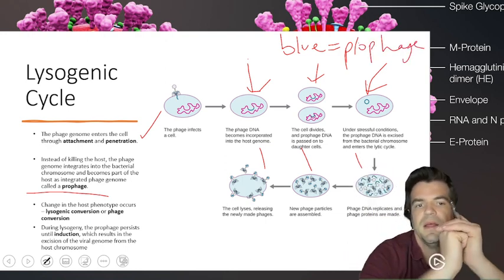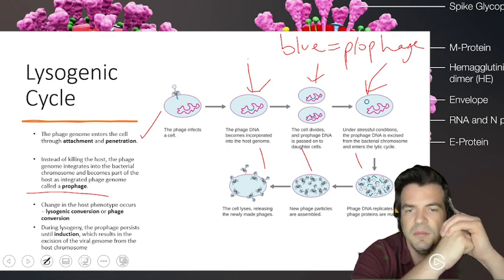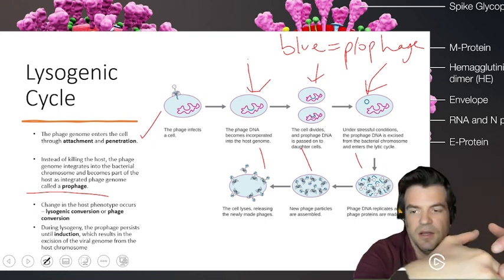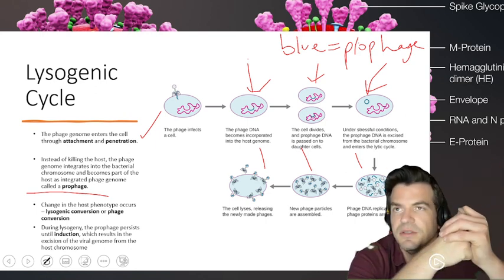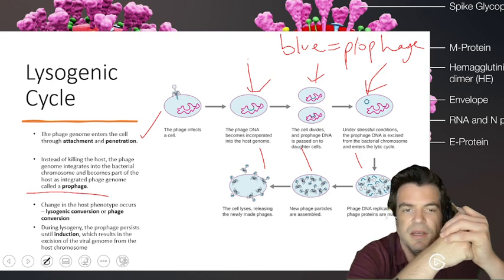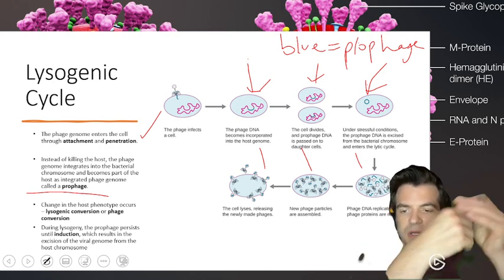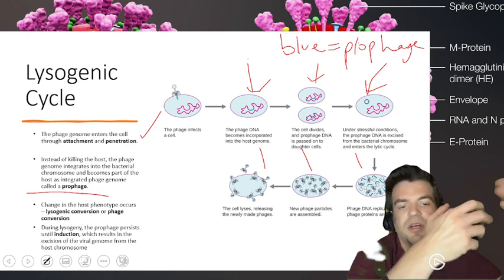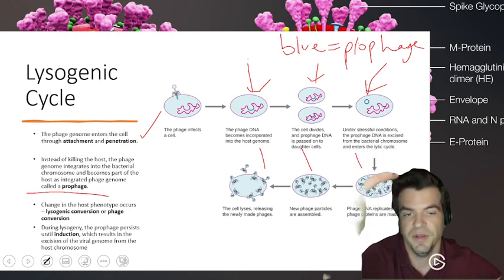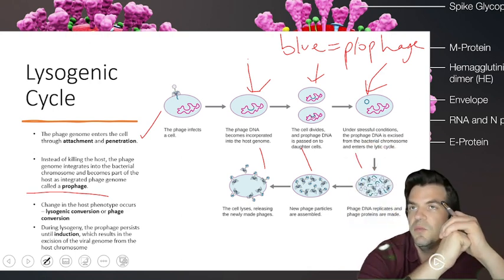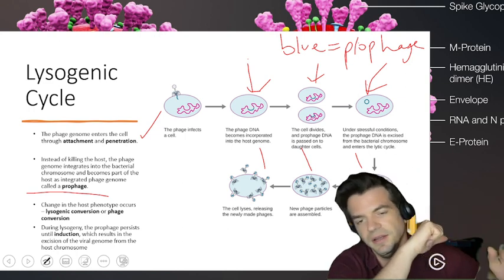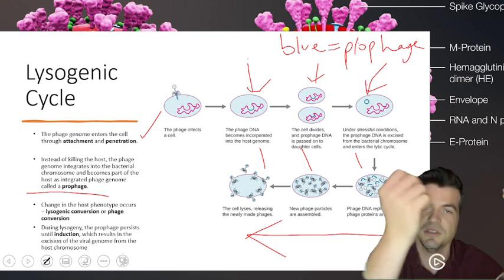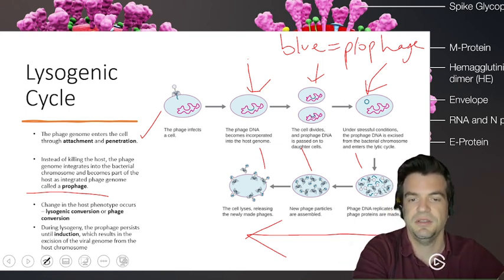Okay, the prophage will then go under lysogenic conversion and induction, to induce this prophage to come out. The prophage comes out. The phage now does re-enter the lytic cycle, and eventually the outcome is the same. This can take years, it can take months. Who's to say how long it takes?